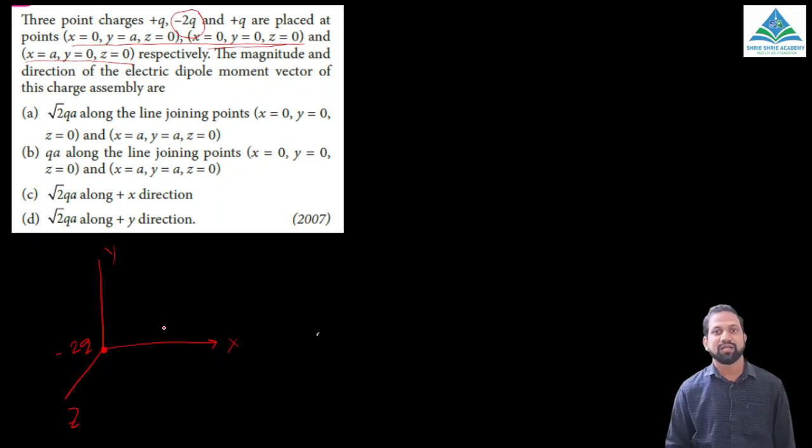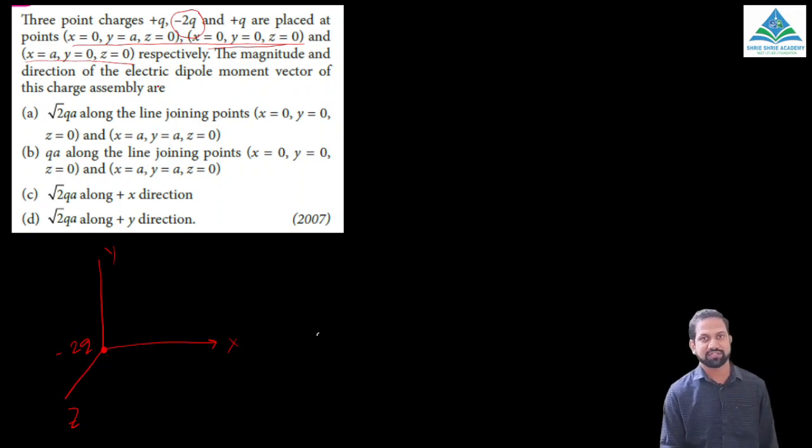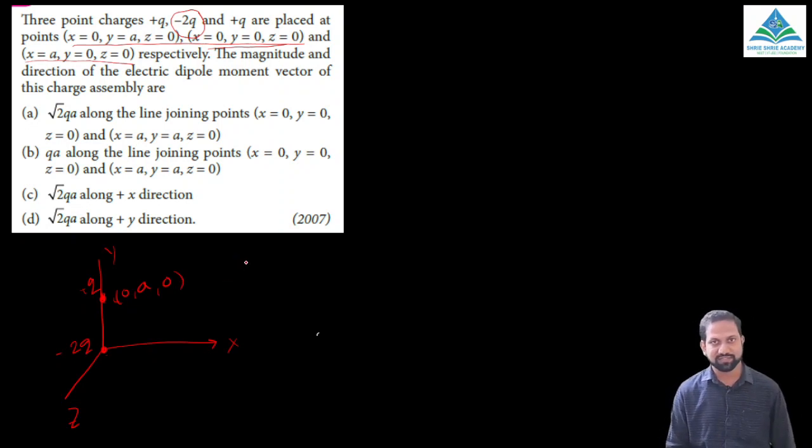The first charge, plus q, is placed at (0, a, 0) on the y axis at a distance of a meters. And the third one, which is again positive, is placed at (a, 0, 0), on the x axis.